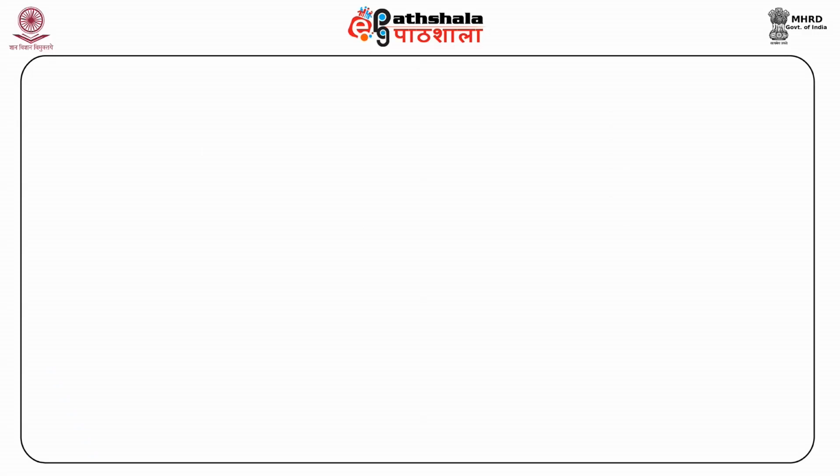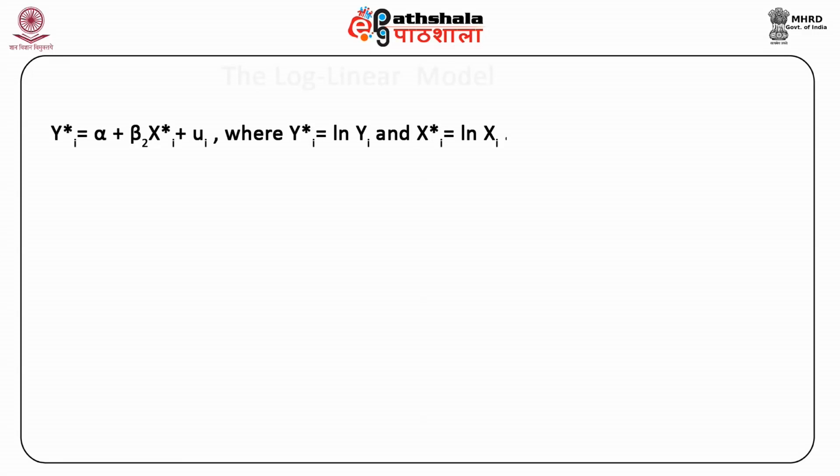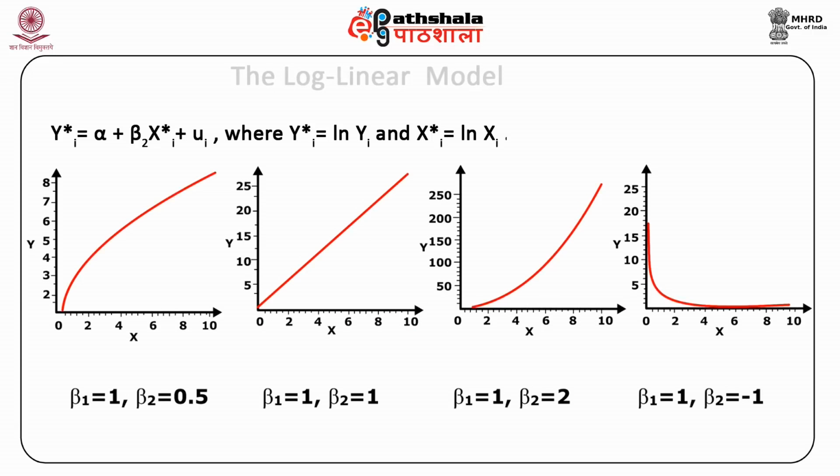We can write down yi star = alpha + beta 2 xi star + ui, where yi star is ln yi and xi star is ln xi. We have different diagrams for different values of beta 1 and beta 2, which I'm sure you can observe from the slides.